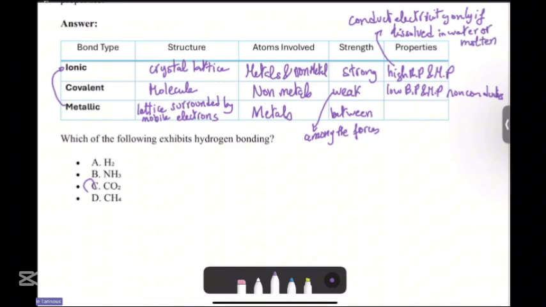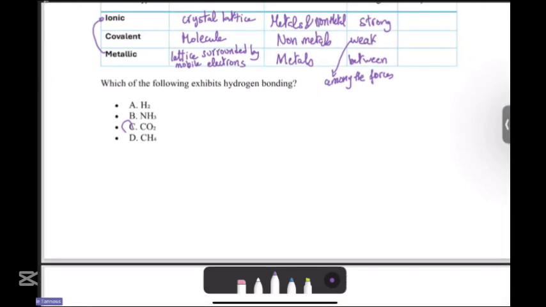That's the most important properties that you need to know about ionic and covalent. Metallic, you can list any property that you know for metals: conductor, malleable, ductile, solid. All the metals are solid.